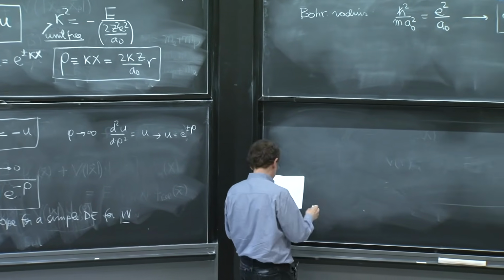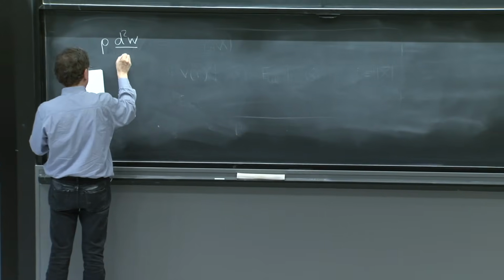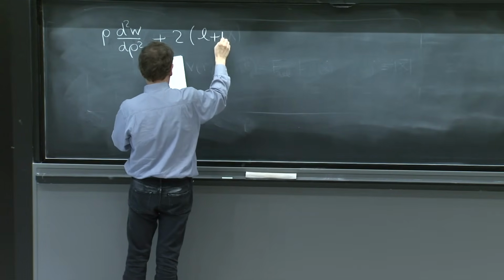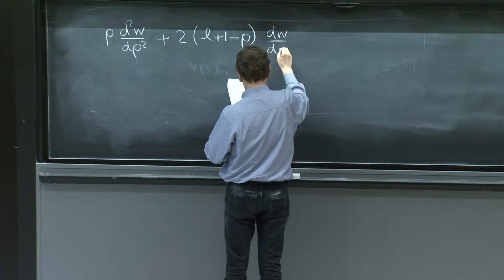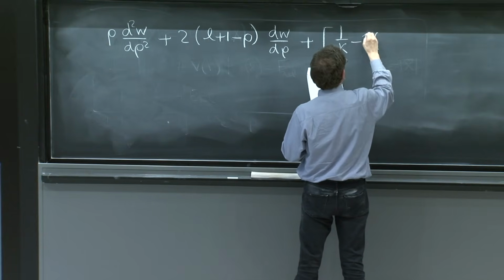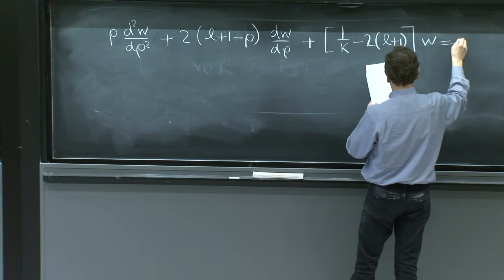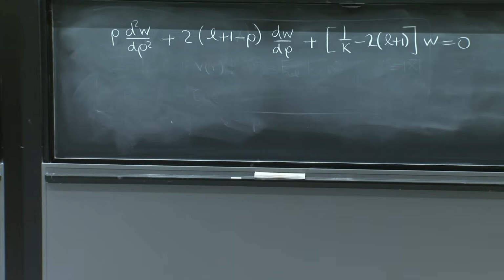I'm sorry, it does look like a step back, but it's not. The second derivative of w with respect to rho, plus 2 times L plus 1 minus rho, times dw d rho, plus 1 over kappa minus 2 times L plus 1, w equals 0. Okay, aesthetically it looks worse. Certainly that equation on the left board looked nicer.